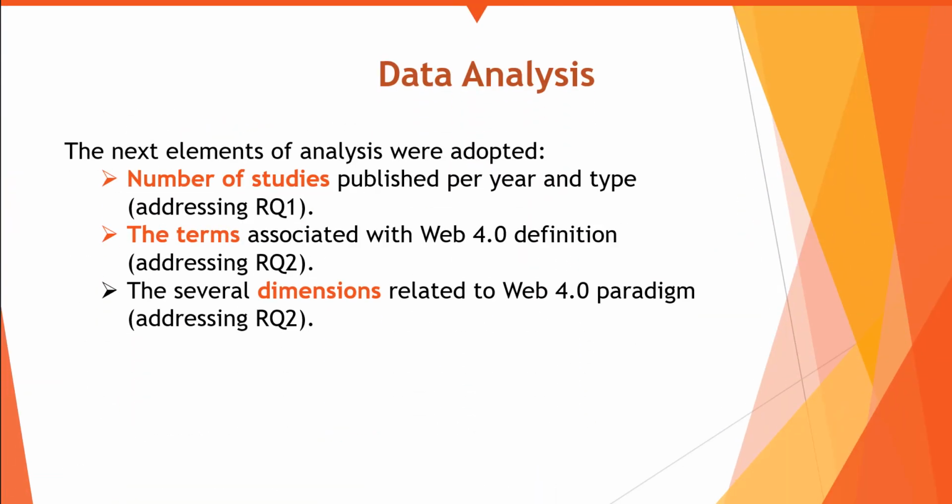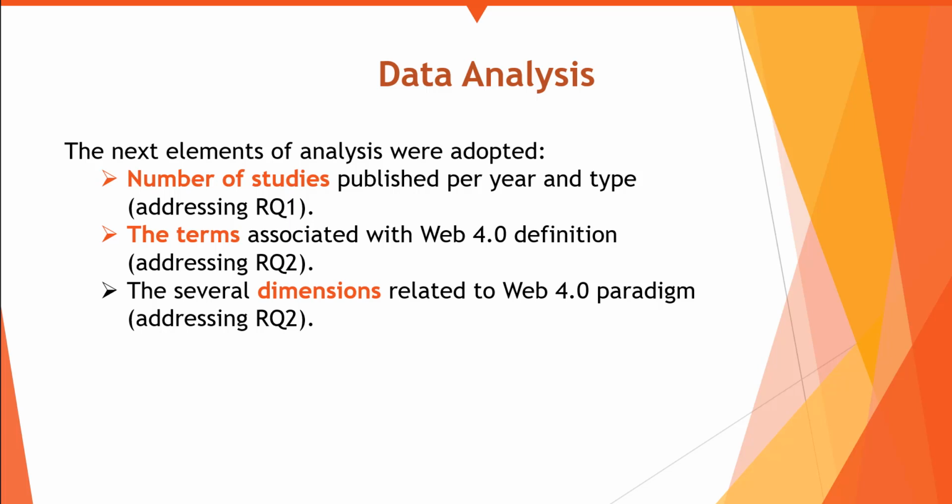So the data analysis. After collection, we need to analyze what we found in our research. The first one, as I mentioned before, is the range of the research, the studies that we need to find out, so I use this number, the first one, for the number of studies: how many studies were published from 2009 to this moment, addressing research question one, which includes the answers of the research published from 2009 to this moment.